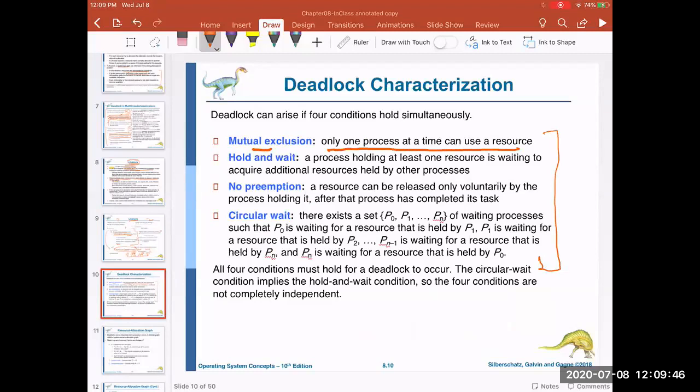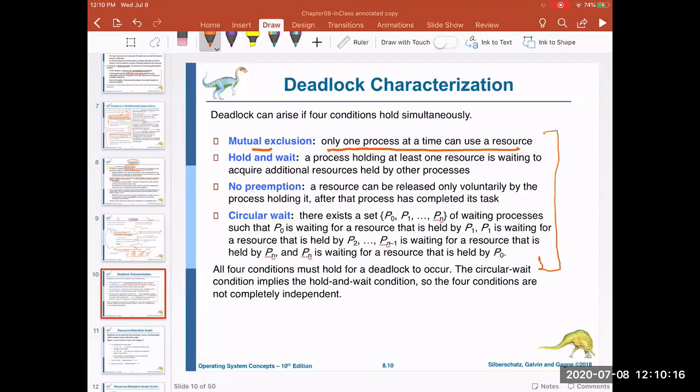Now, reading a file is a shareable resource. If you want to read a file, multiple processes can read from the same resource at the same time.